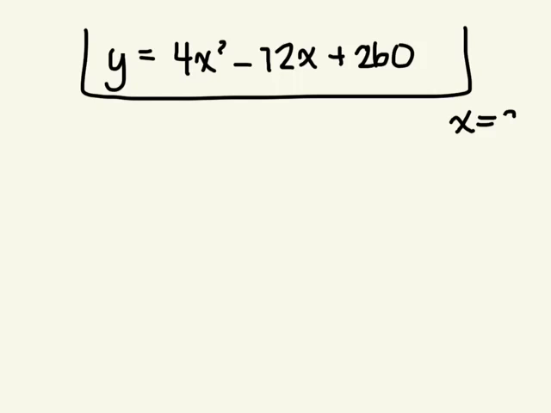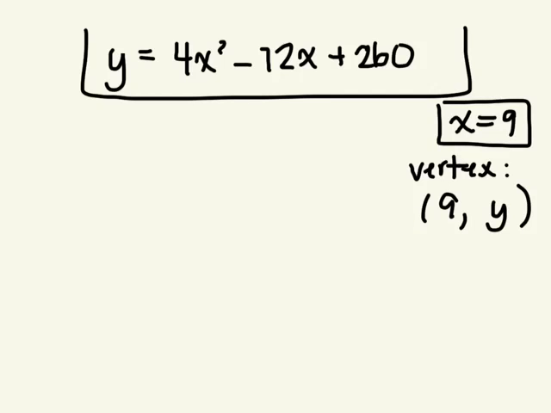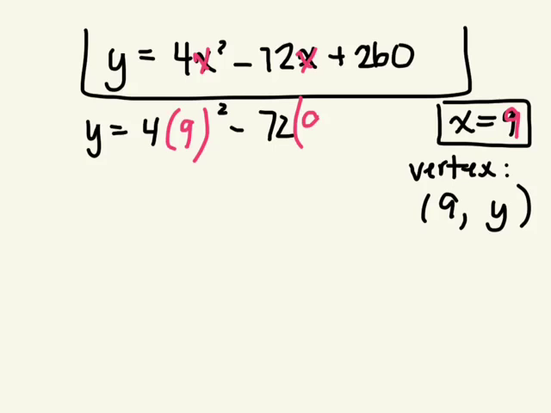If x equals 9, the vertex is located at 9 and something. If I know that x is 9, what can we do with that information? Plug it in, substitute it in, and solve for y. So when x is 9, plug this in, figure out y. That y value will be part of the vertex, because we're using part of a coordinate from the vertex.